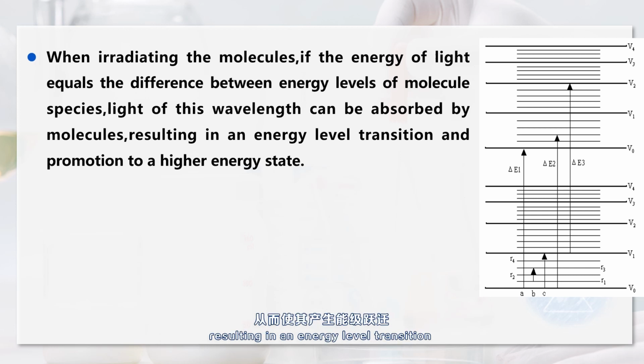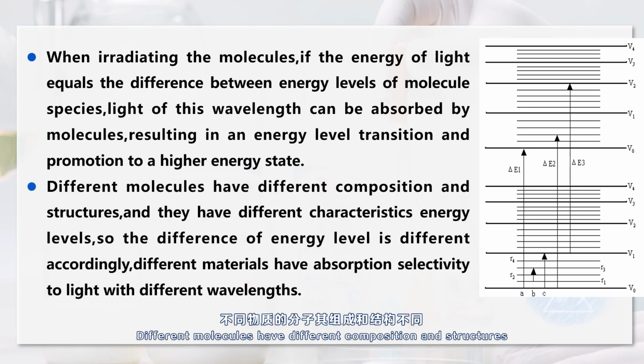resulting in an energy level transition and promotion to a higher energy state. Different molecules have different compositions and structures, and they have different characteristic energy levels. So the difference of energy level is different accordingly.